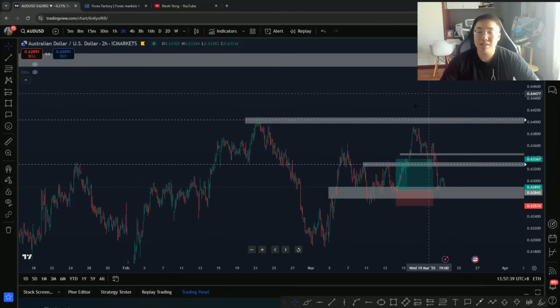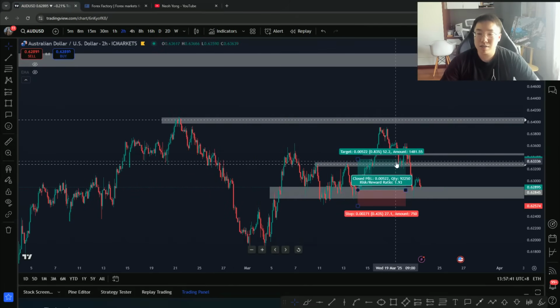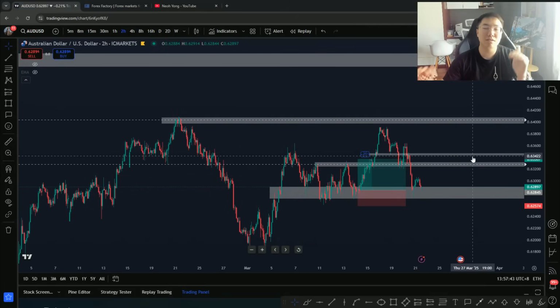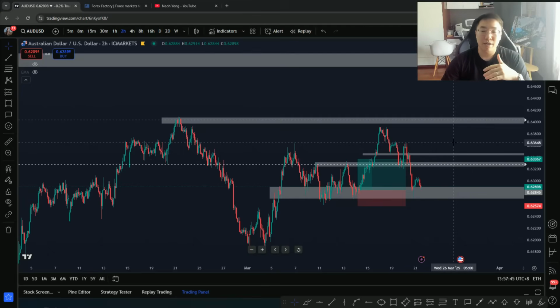But that is something that we can't predict. And if I didn't trail my stops, if I didn't stick to my management rule, all the P&L would have vanished. That's one thing about not being emotionally attached to the P&L and actually sticking to your plan.